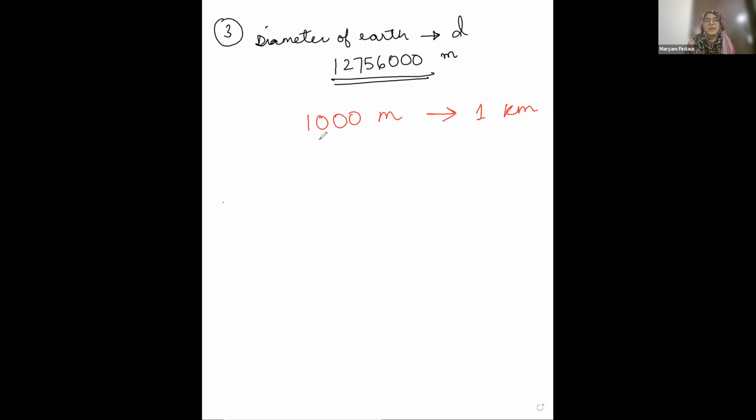If I have, let's say, 15,000 meters, then there's nothing difficult in this. I can clearly say it's 15 kilometers because 15 and then 1000, and we know that 1000 means 1 kilo. So similarly, this whole thing, we can clearly see that there's 3 zeros. That means this thing will be equal to how many kilometers, Siva?